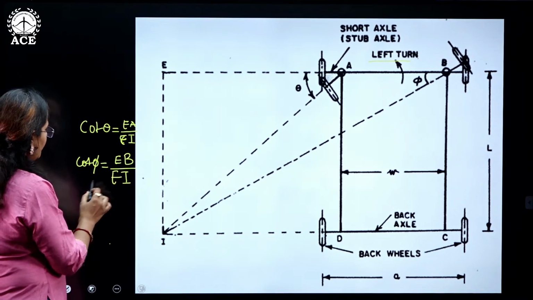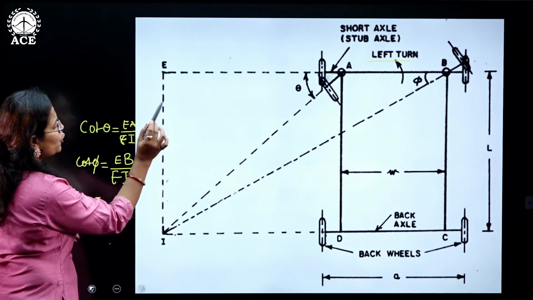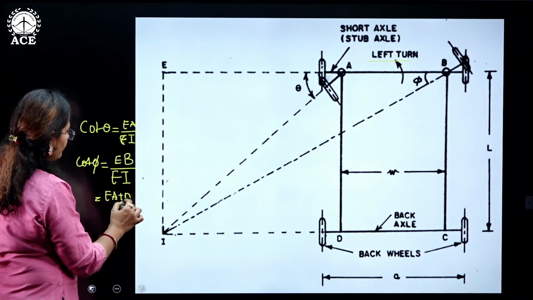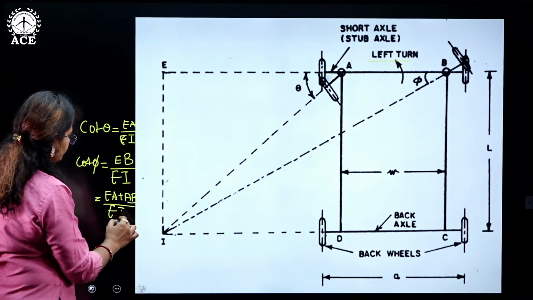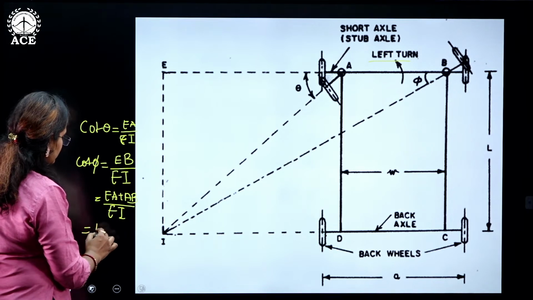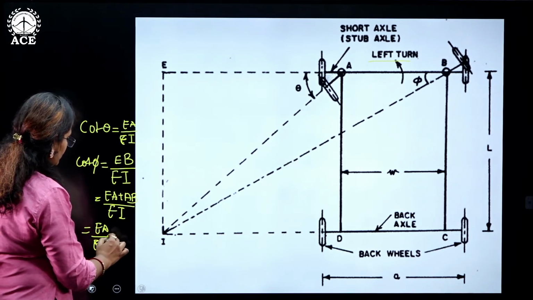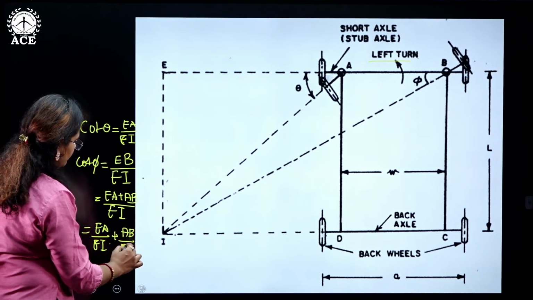So here EB is the summation of EA plus AB, by EI. Then it is EA by EI plus AB by EI.